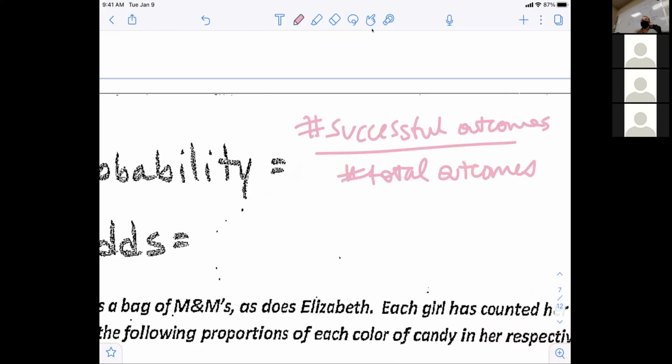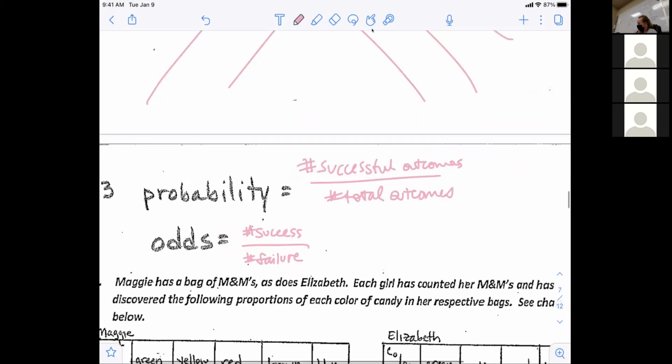The difference between that and odds is the number of successes over the number of failures. So together they should add to be the total, but it's not just success over total, it's successful outcomes over failure outcomes. Again, they mean the same thing.